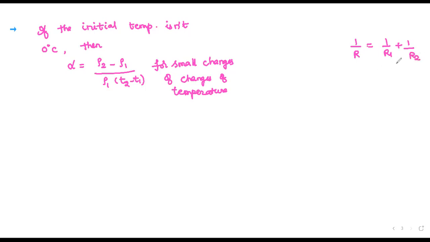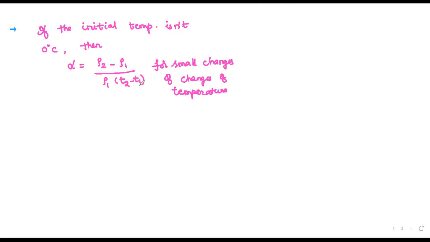We directly differentiated and divided, and got dR by R. So if the changes are small, we can use it, and approximately you will get the same value. That's what he is saying. And for small changes, you won't get much difference in the resistivity values.